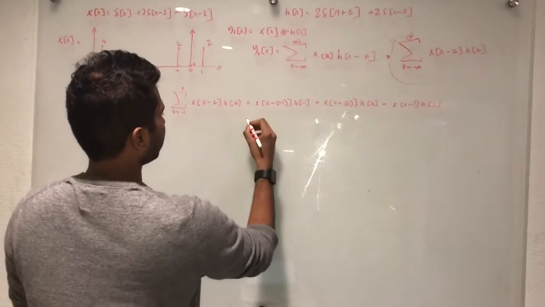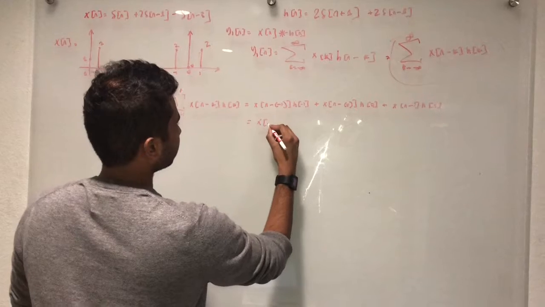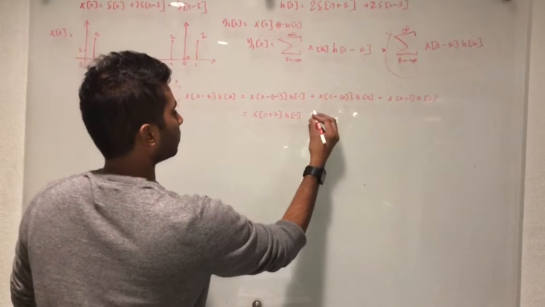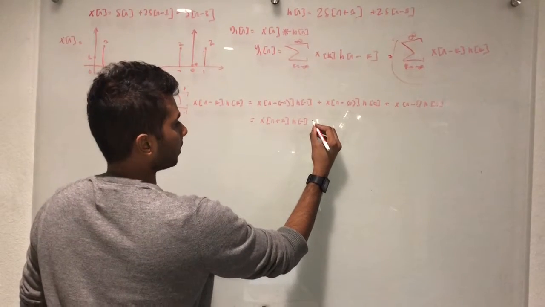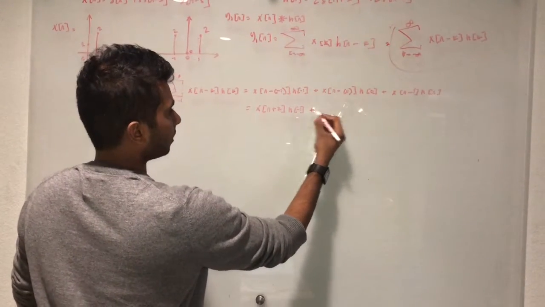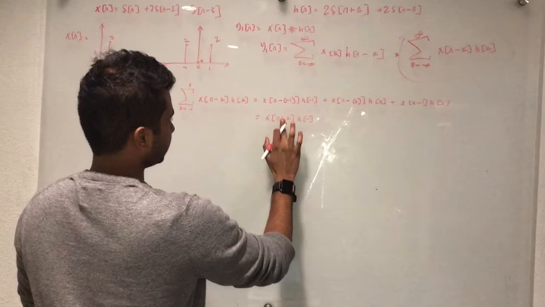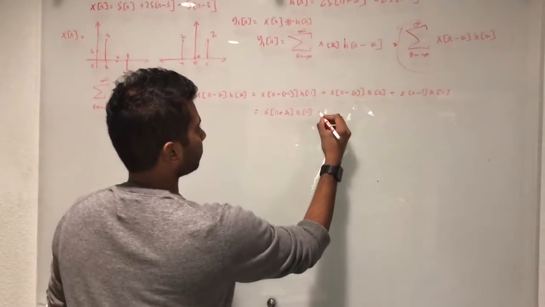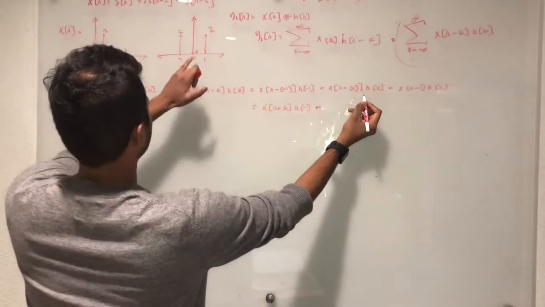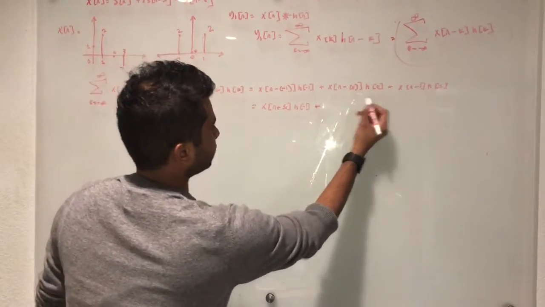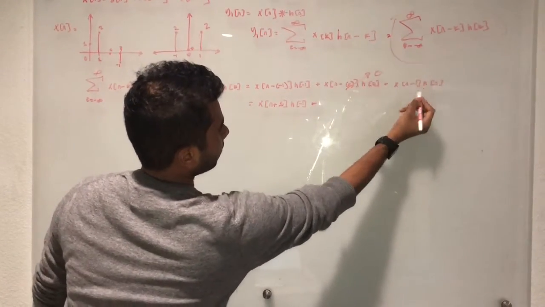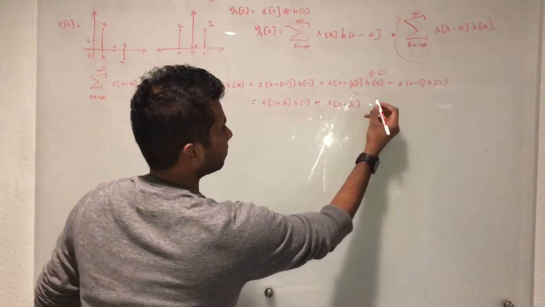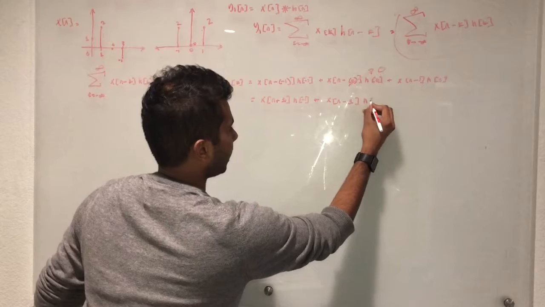When we simplify this out, this simplifies to x of n plus 1 times h of -1, this is not plus 2, it's plus 1, plus, and we do realize that h of 0 is 0, so that goes to 0. We have x of n minus 1 times h of 1.